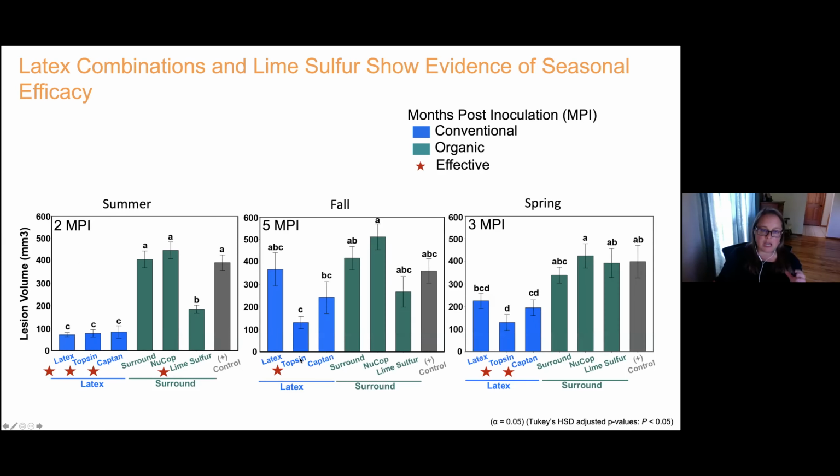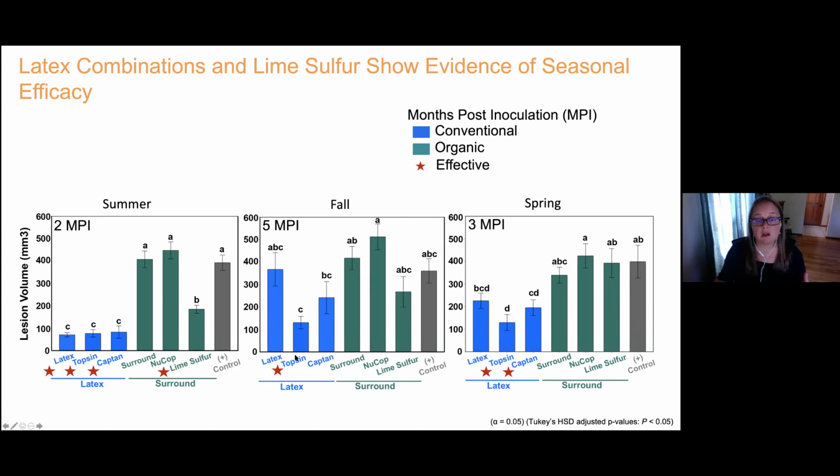But this sort of changed as we went into the fall season and then spring. So 5 months post-inoculation, latex is no longer very effective. If growers wanted to apply latex alone, they would likely need to do it at least every 2 to 3 months. But if they amended that with Topsin, then it was still effective.